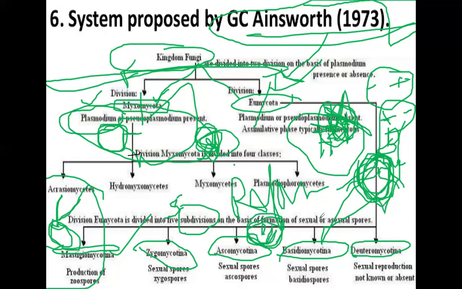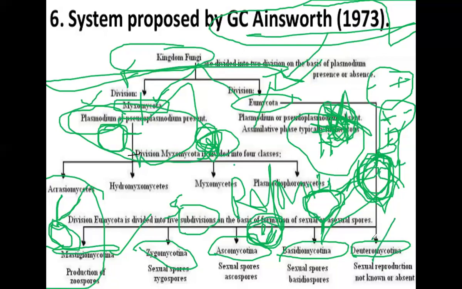Which group of fungi has the button-shaped fruiting body, basidium, with basidiospores? Those are grouped as Basidiomycotina. And do you know the Deuteromycotina?